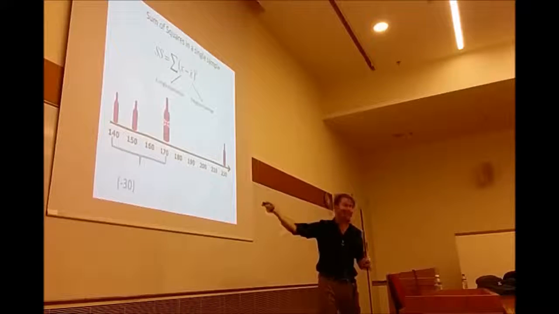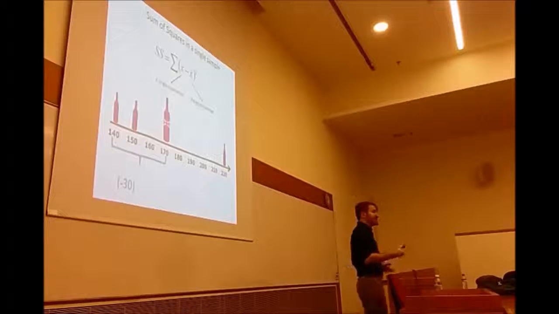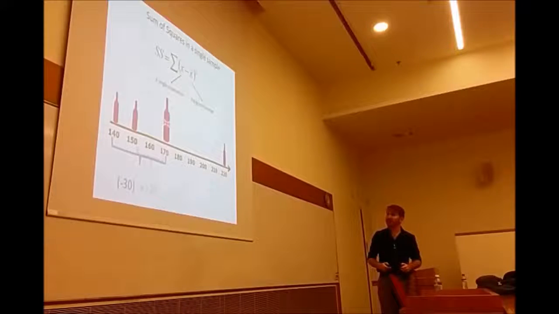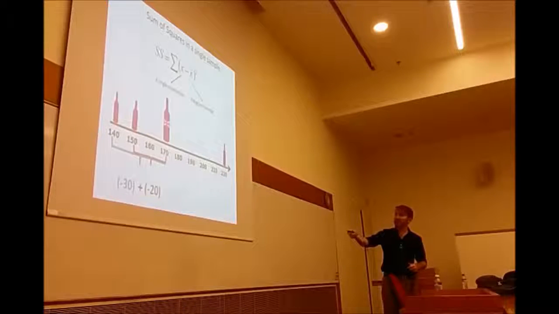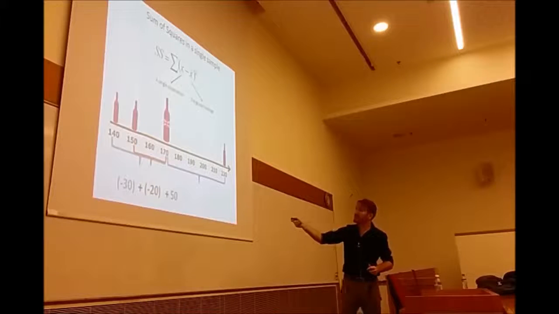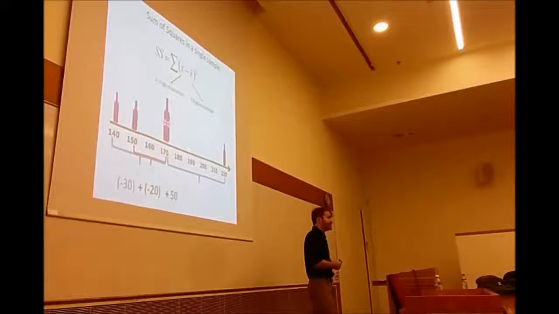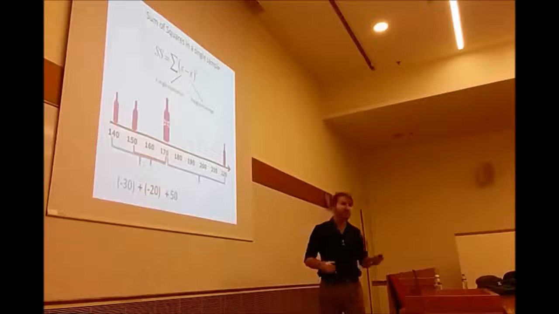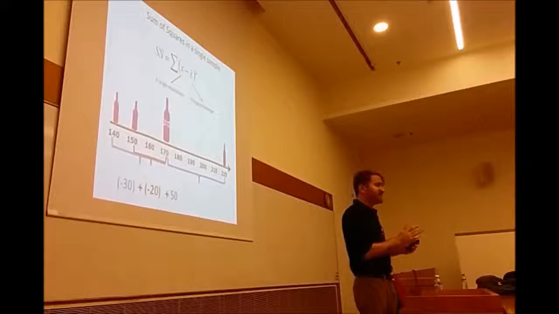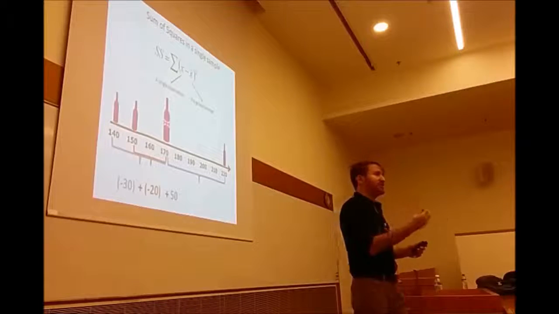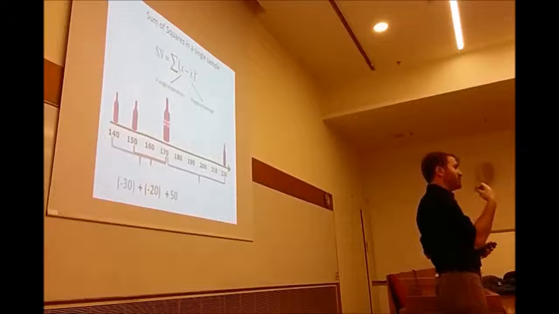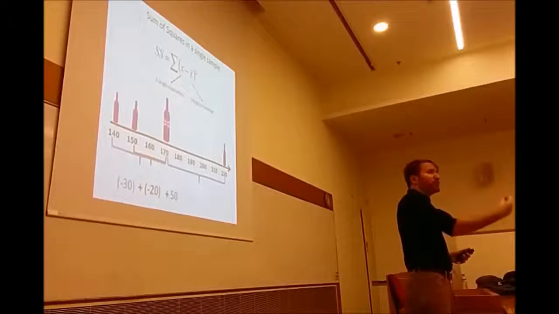So 140 minus 170, we got minus 30. And then we do it again. 150 minus 170, minus 20. And then we do it again. 220 minus 170. So these are all the differences between each individual observation and the group's average.